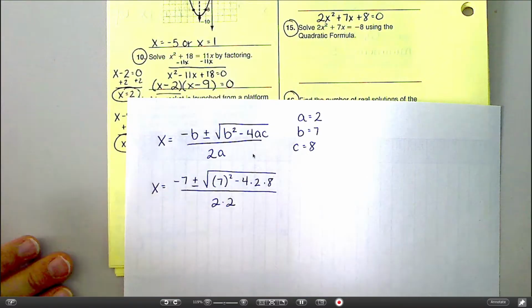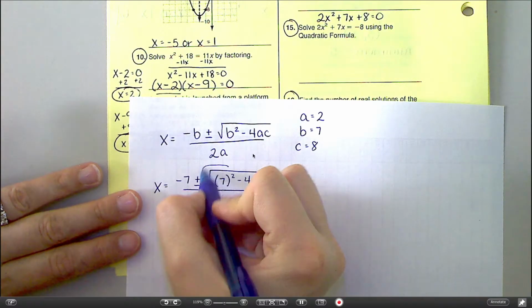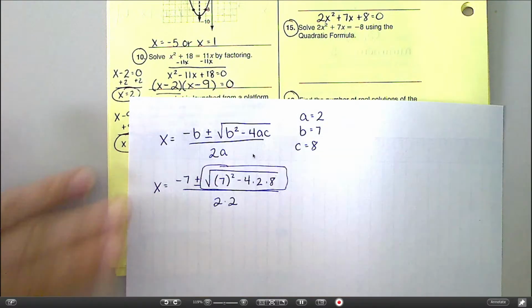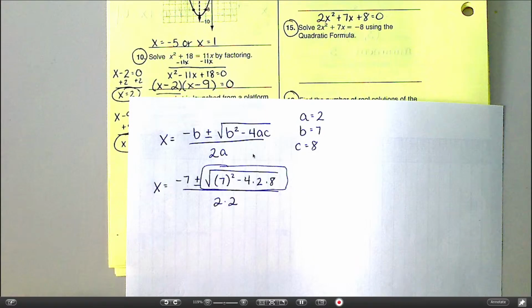And where do we start with this as far as calculating it? Yeah, I would do this square root piece first. I'm going to let you guys do that. Oh, it's going to be an interesting one. An error? Oh, does that mean you did it wrong?